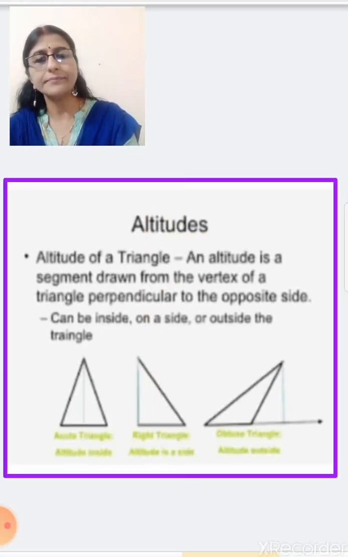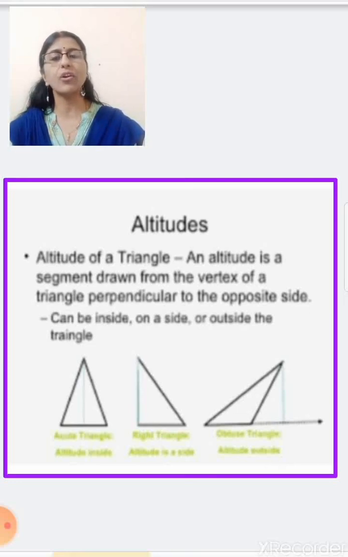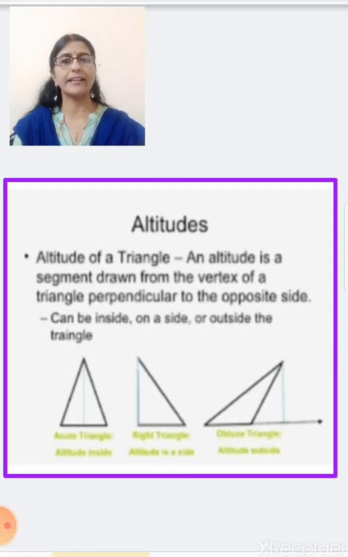Now here we will see the various kinds of triangles we have learned. Altitude is not always inside the triangle. Let us see how altitudes are formed in these triangles. First, in an acute triangle you can see it is formed inside the triangle. In a right triangle it is on a side, that means it is one of the sides of the right triangle.